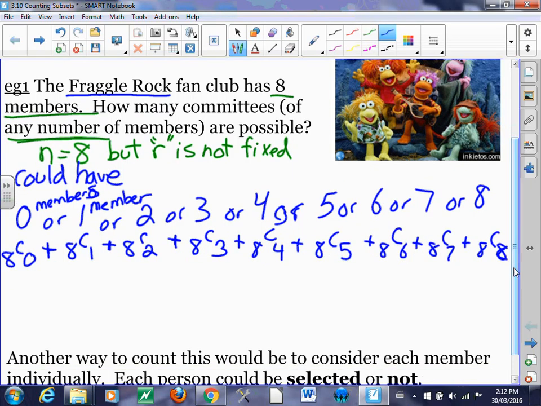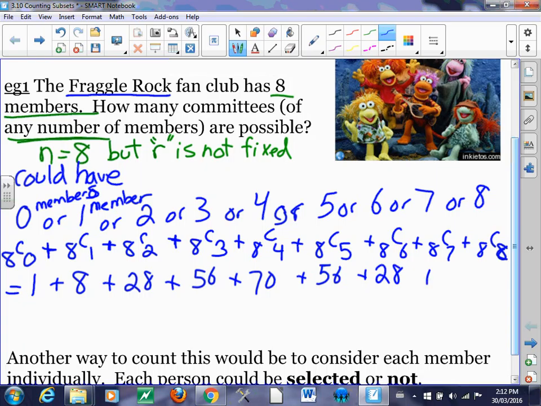All right, so you can use a couple things here. But I would just either use your calculator or you could take a look on your Pascal's triangle to help you with this as well. So it's going to be 1 plus 8 plus 28 plus 56 plus 70 plus 56 plus 28 plus 8 plus 1.